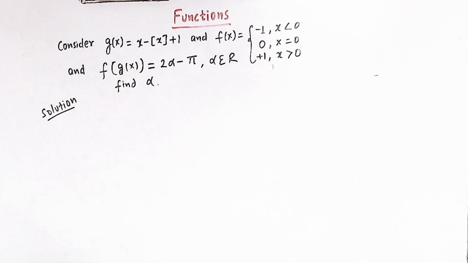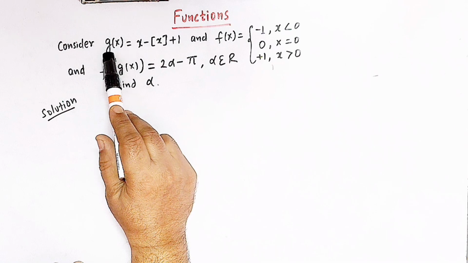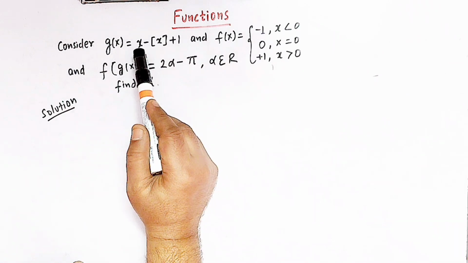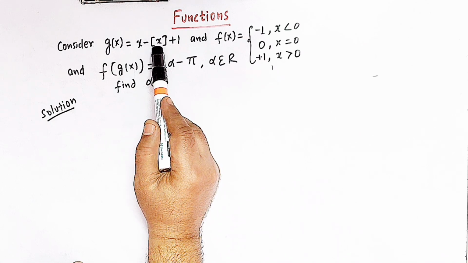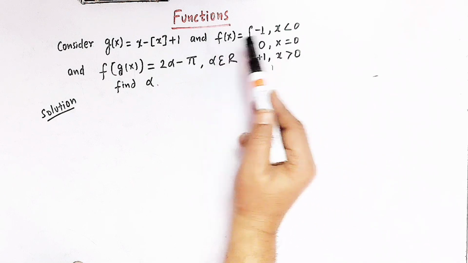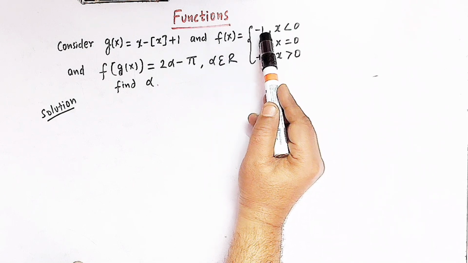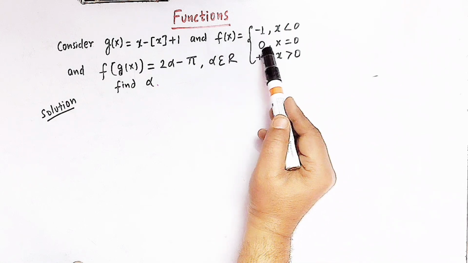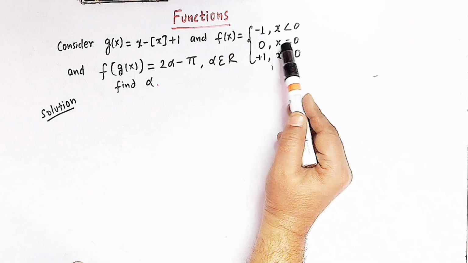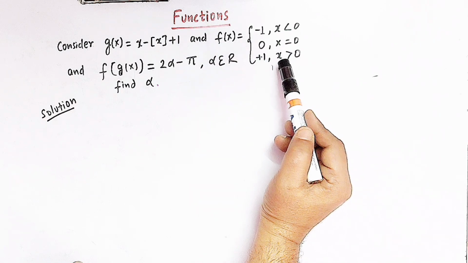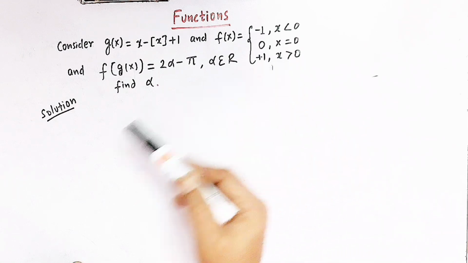Here we are given two functions, g of x and f of x. g of x is given as x minus greatest integer of x plus 1, and f of x is defined like this: f of x is equal to minus 1 for all x less than 0, f of x is equal to 0 for x equal to 0, and f of x is equal to plus 1 for all x greater than 0.